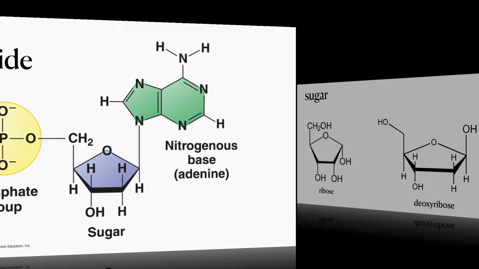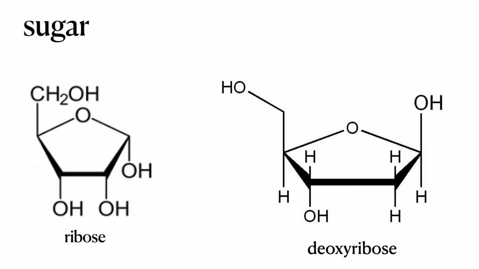Well, let's look at what sugars we're talking about. It depends on whether we're talking about RNA or DNA. RNA stands for ribonucleic acid. So in RNA molecules, whether it's mRNA, tRNA, rRNA, the sugar will be ribose. We've seen ribose before. We know it's a 5 carbon sugar. In DNA, though, the sugar is different. It is deoxyribose.